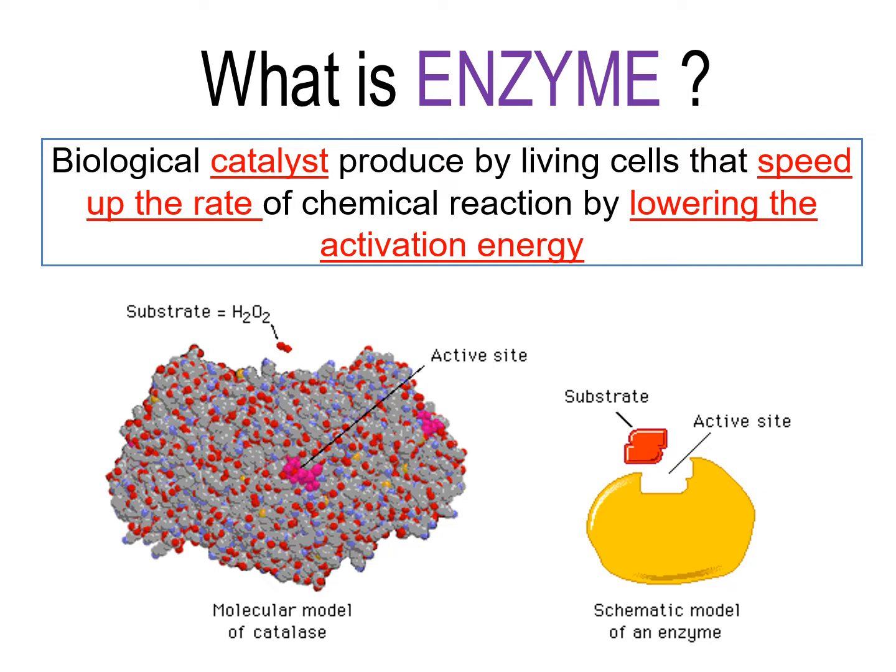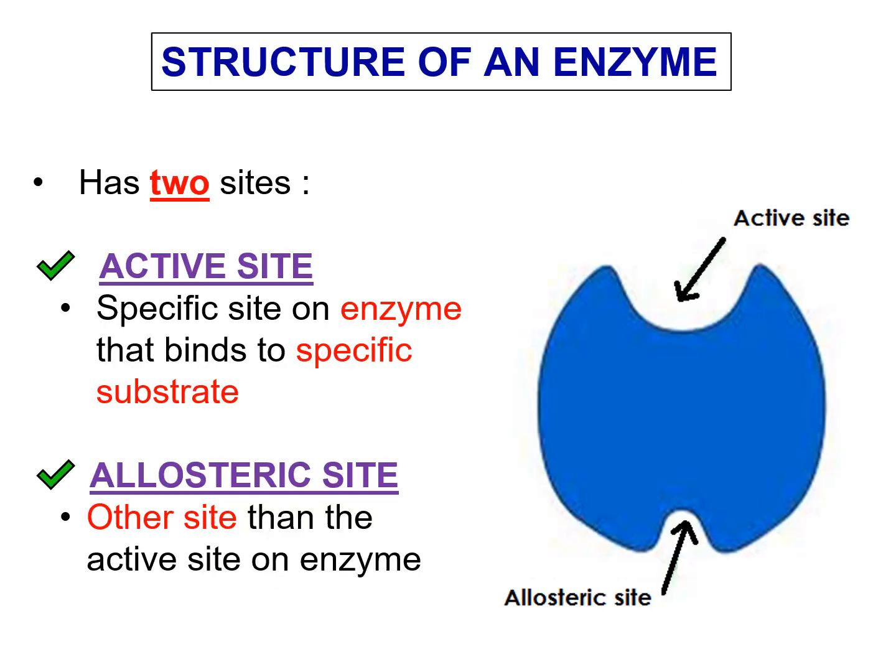So how does it speed up the chemical reaction? By lowering activation energy. Basically, in all enzymes, there will be two types of sites. The active site and the allosteric site. Active site is very specific.